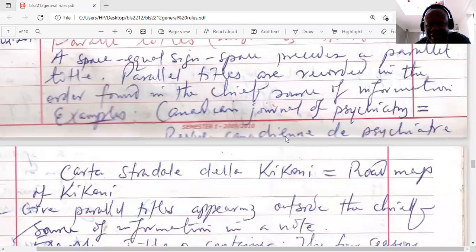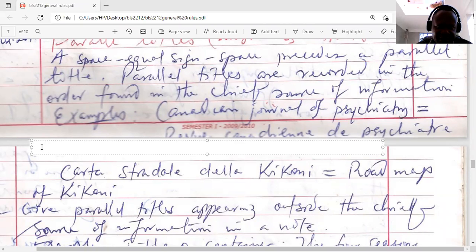Now this is Revue canadienne de psychiatrie. I'll need to type that for us to follow. Allow me to put a text box and then I type that here. I'm going to elongate it there. What you see there, Canadian Journal of Psychiatry, is our title proper.